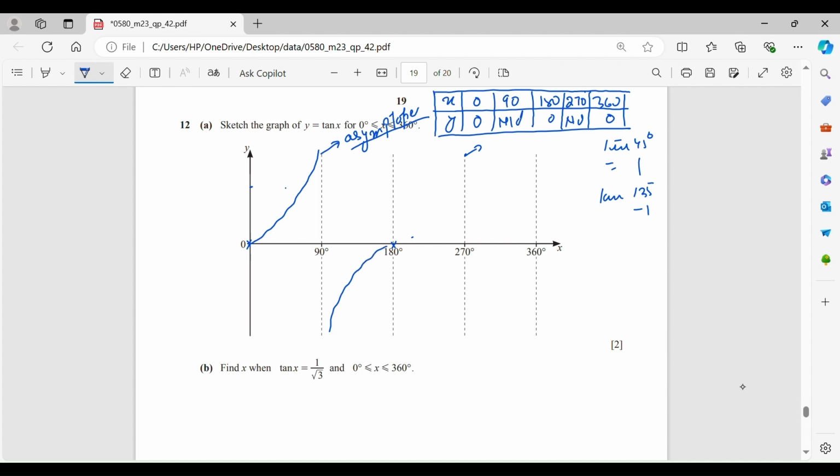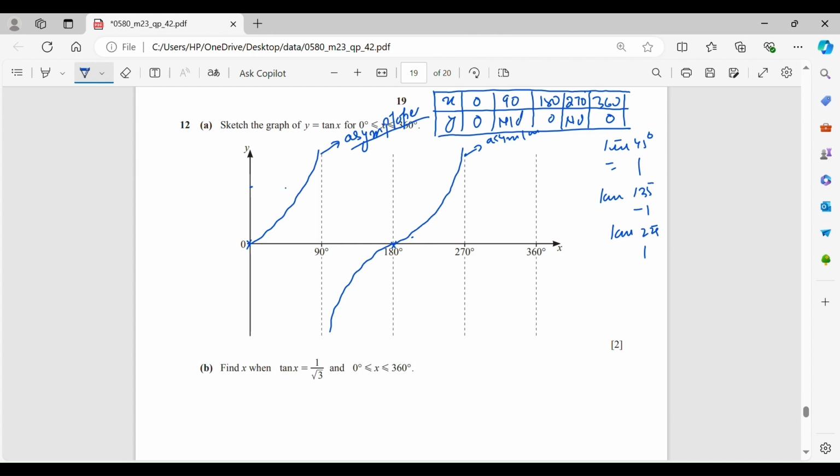Next, 270 is again asymptote, and we will take one value between 180 to 270, take tan 225, it will be 1. So the graph will be like this, right?